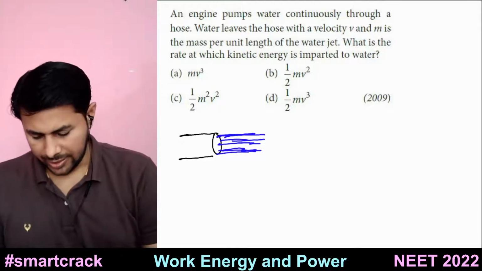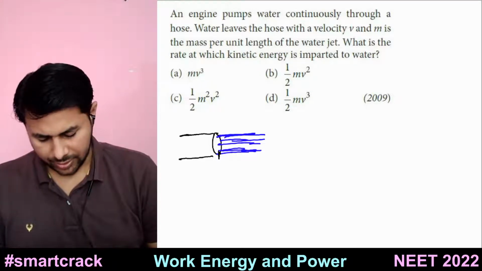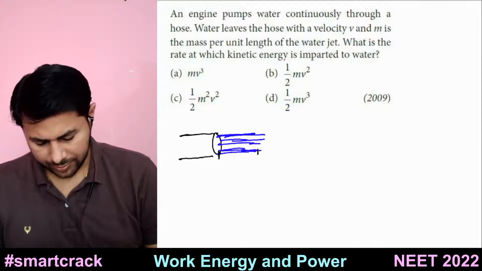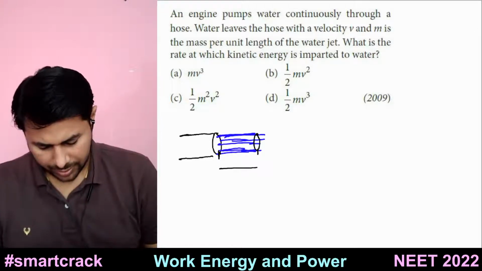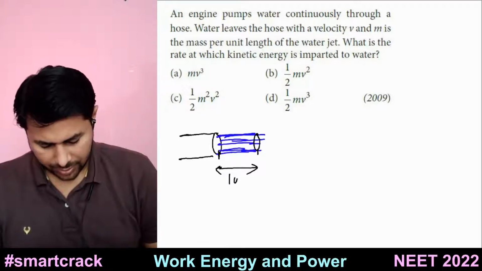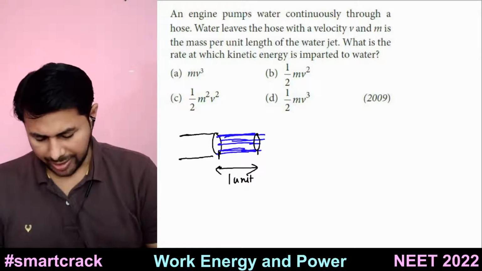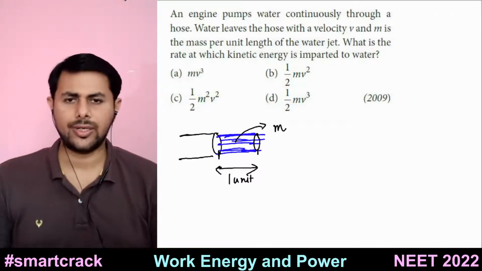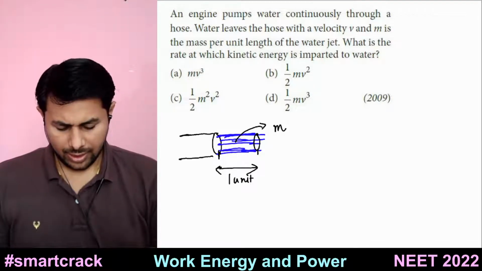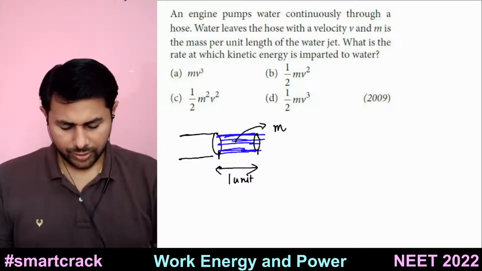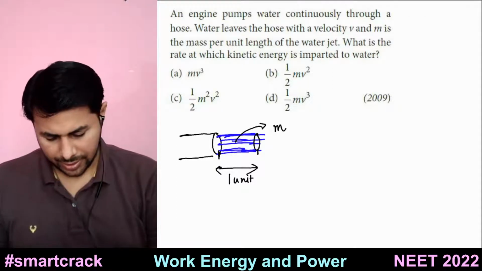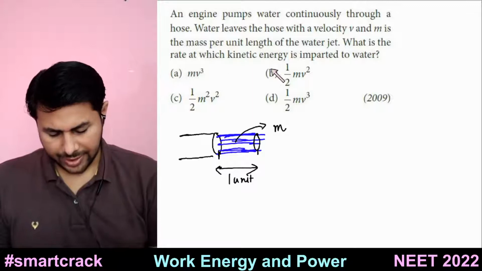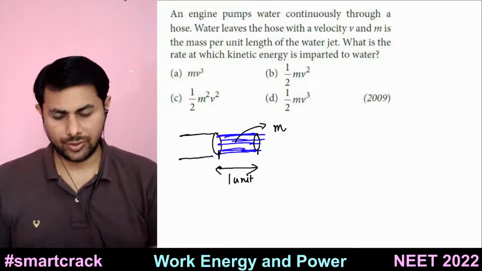So if you take a length equal to 1 unit, how much will be the mass of this water? The mass of this water is equal to m. Now what you have to find out is the rate at which kinetic energy is imparted to the water.